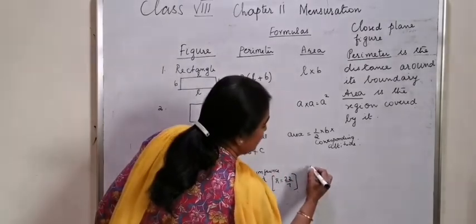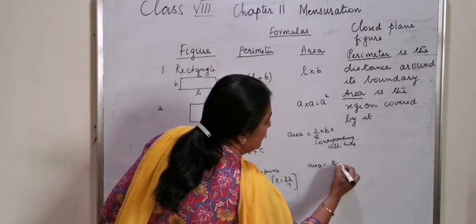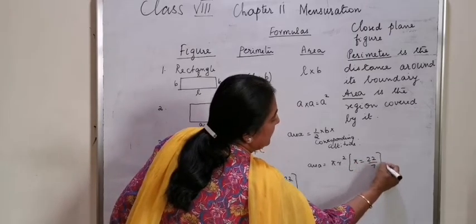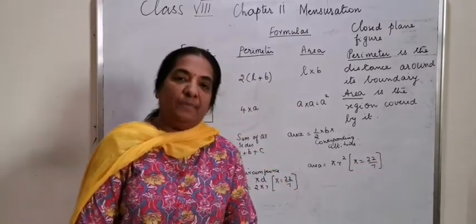The area of a circle is equal to pi r square. Again, the pi value can be considered as a constant of 22/7.